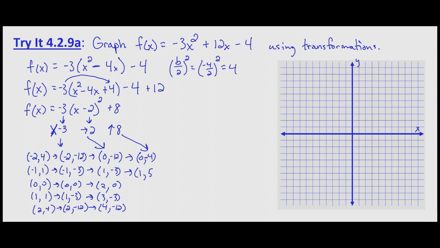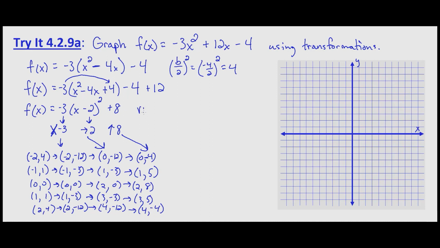So 1, negative 3 will then shift up 8 units to 1, 5. 2, 0 is going to become 2, 8. 3, negative 3 is going to be 3, 5. And then 4, negative 12 is going to be 4, negative 4. Negative 12 plus 8 is negative 4.